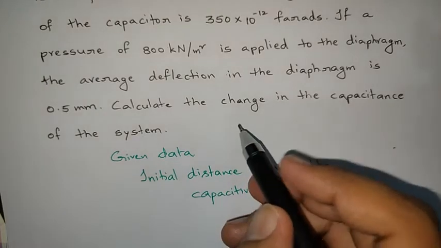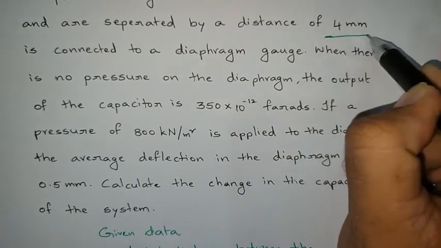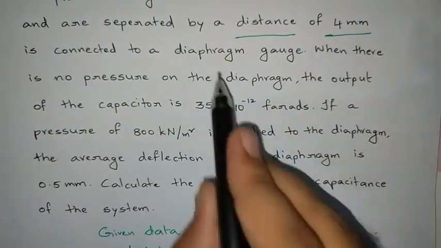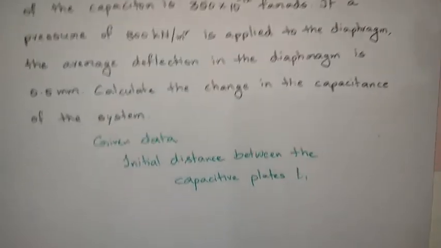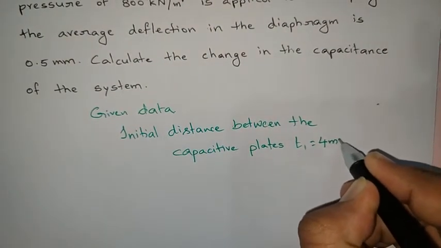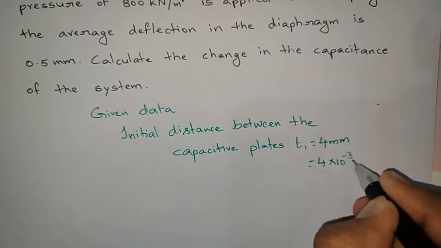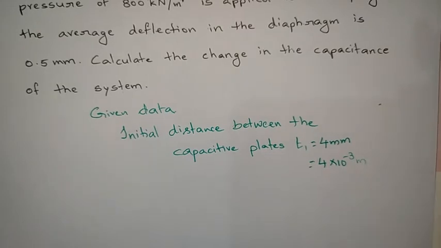That equals how much is given? 4 mm. So the distance of 4 mm is connected to a diaphragm gauge. So initial distance T1 is equal to 4 mm. Convert into meters. So it is equal to 4 into 10 power minus 3 meters.